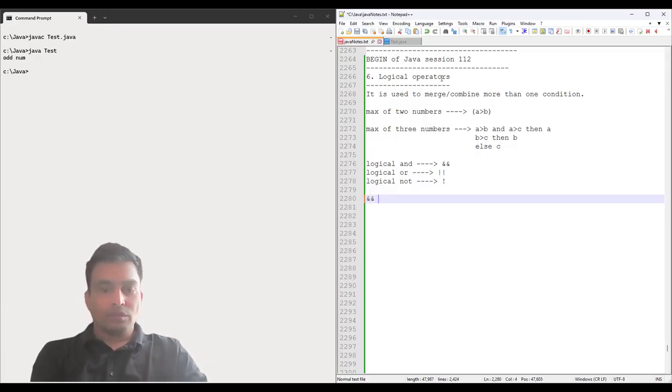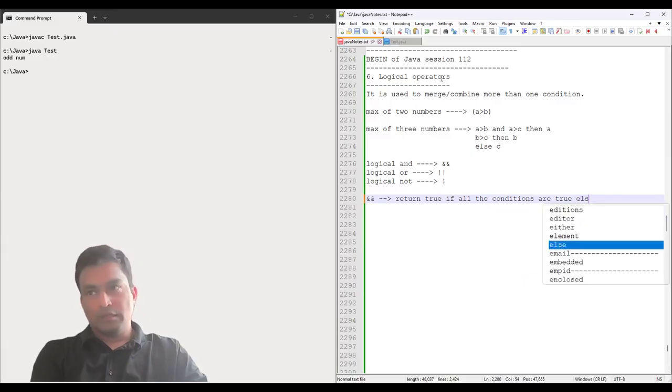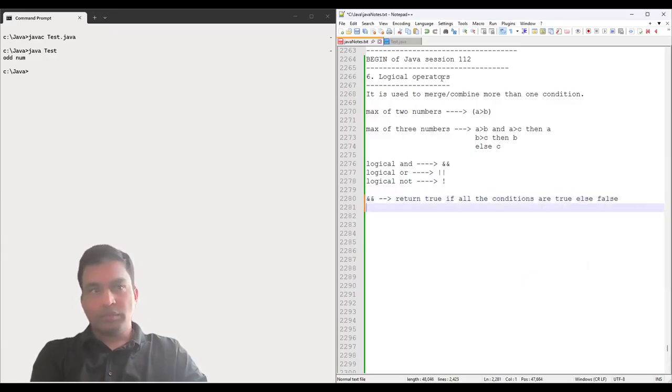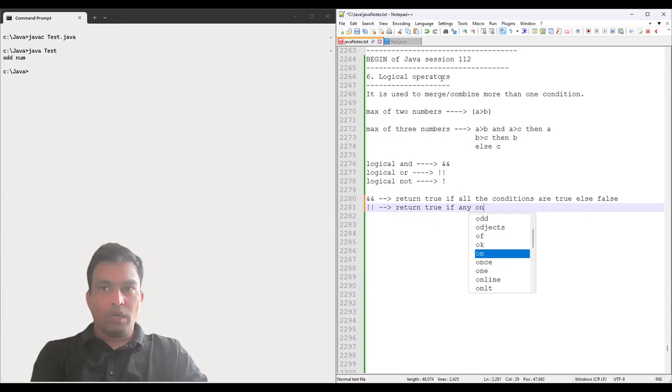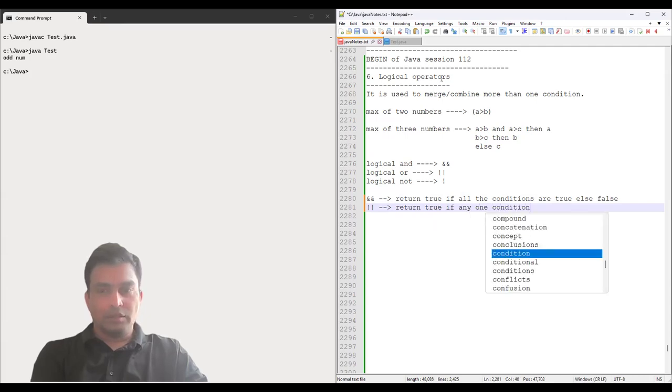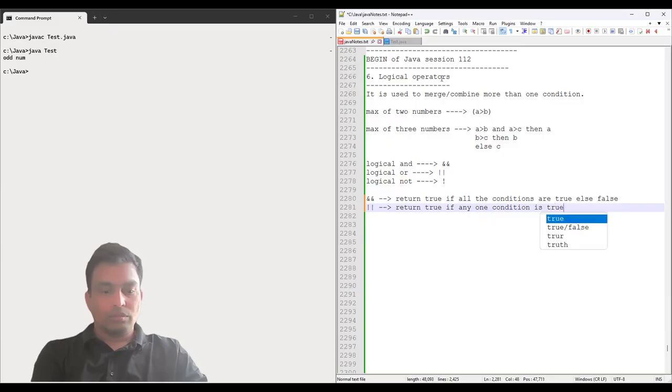And will return true if all the conditions are true, else false. And or will return true if any one condition is true, else false.